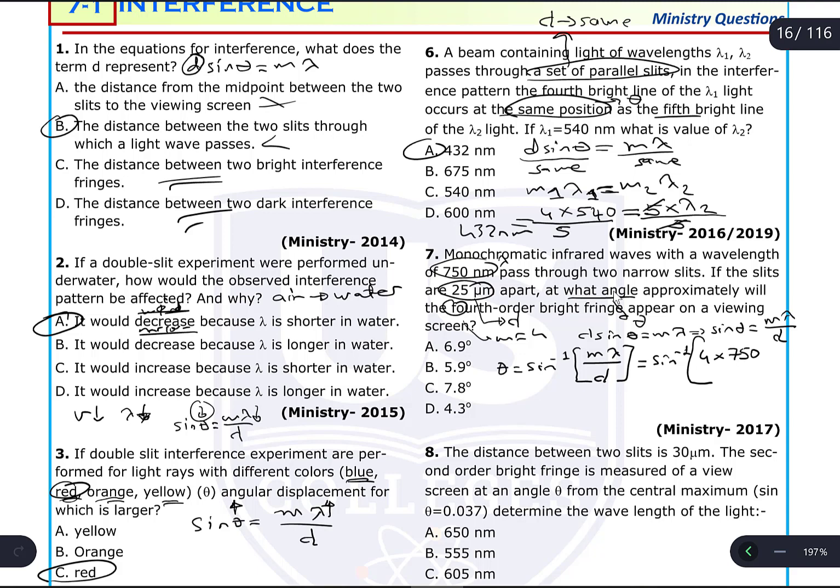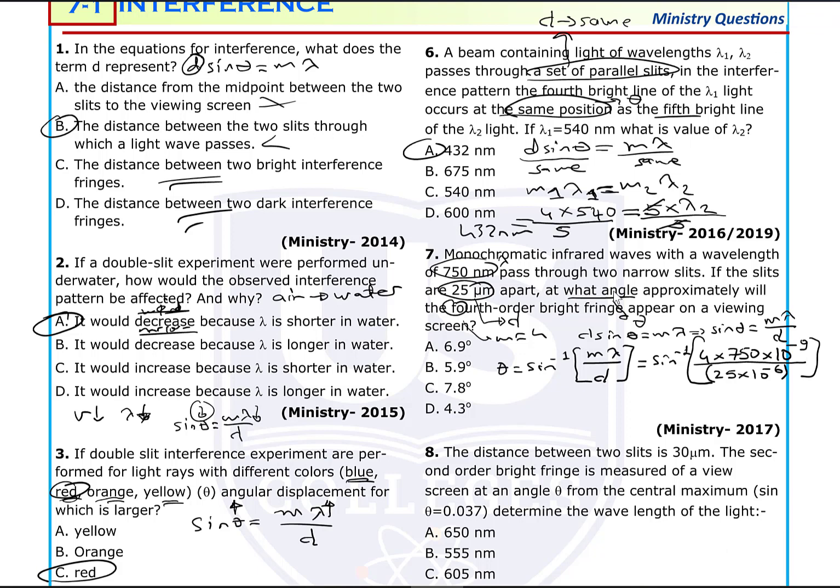750 nanometers, but we have to convert all the lengths to meters, 10 to the power of negative 9 for nanometer to meter, divided by d, which is 25 micrometers, 25 times 10 to the power of negative 6. Every micrometer is 10 to the power of negative 6 meters. So I'm going to use a calculator now.